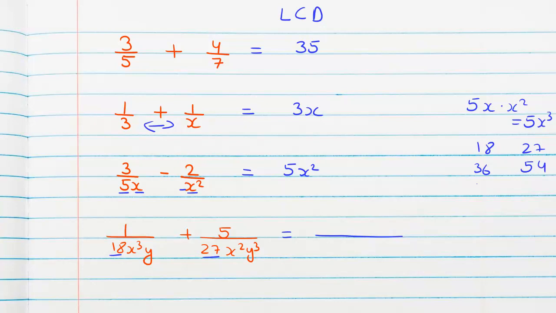After 36, we get 54. So this is a common number. Okay, so we get 54. And now for the variables, we write simply the one with the highest power. You don't have to worry about or calculate anything. So we have x cubed or x squared. The power will be x cubed is bigger, and for y it will be cube as well.